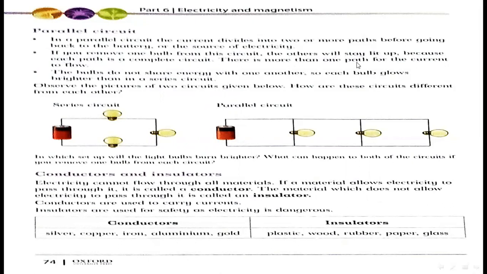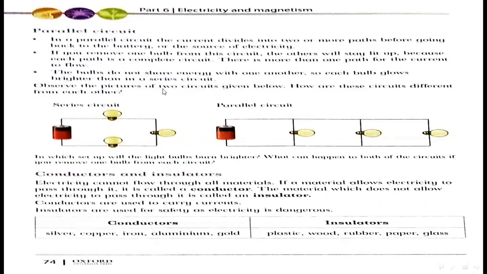There is more than one path for the current to flow. The bulbs do not share energy with one another, so each bulb glows brighter than in a series circuit.